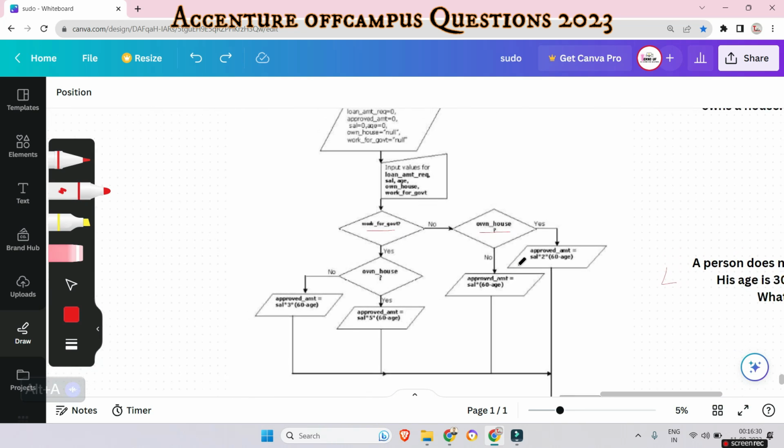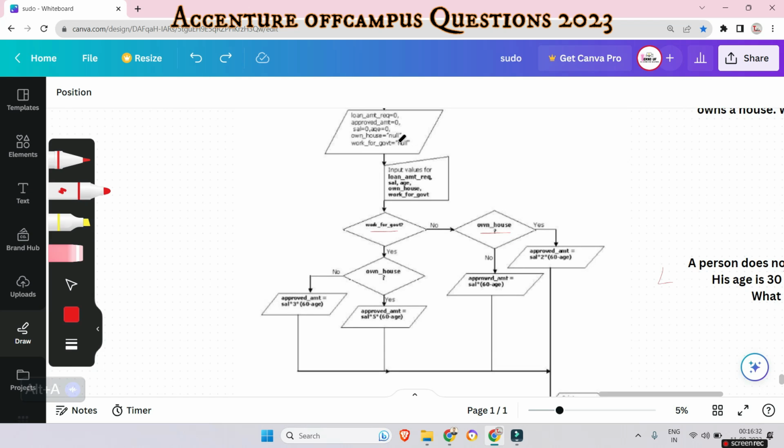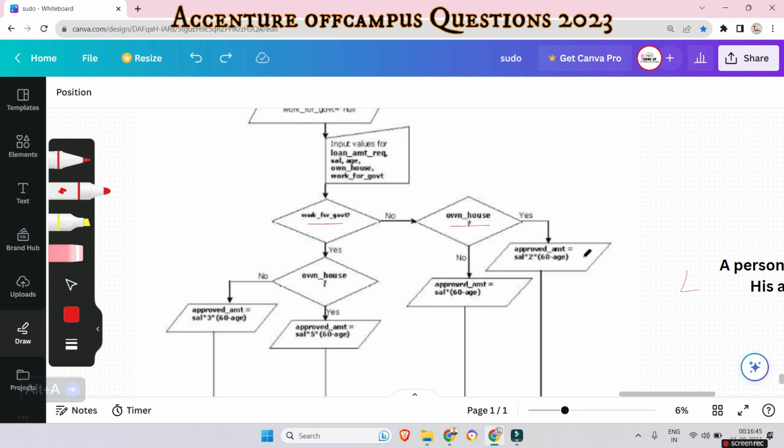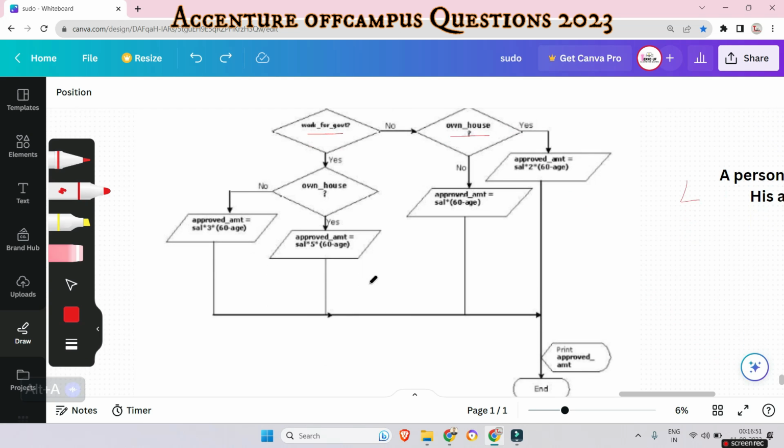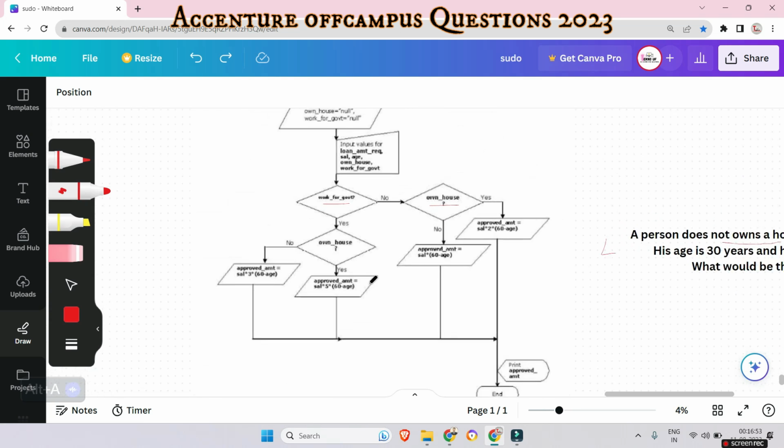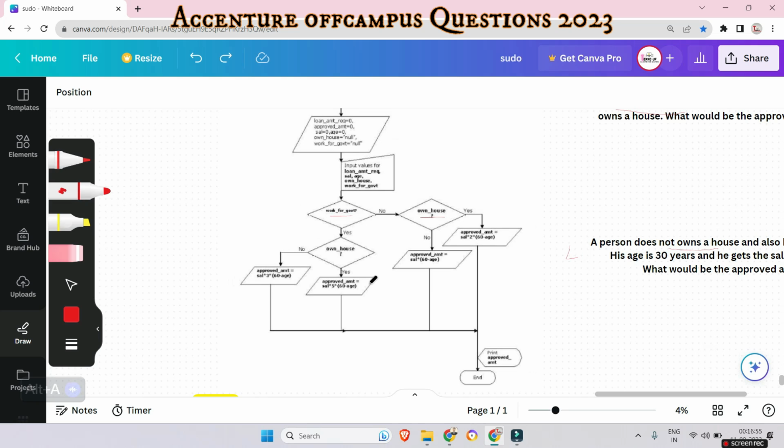It is okay if you cannot see the words that are written here, but just watch this, right? Work for government or no, or own house or no, right? And the approved amount, what is the calculation or what is the formula written here, right? Just see that and solve the problem. I hope you will solve the problem and give me the output in the comment box.